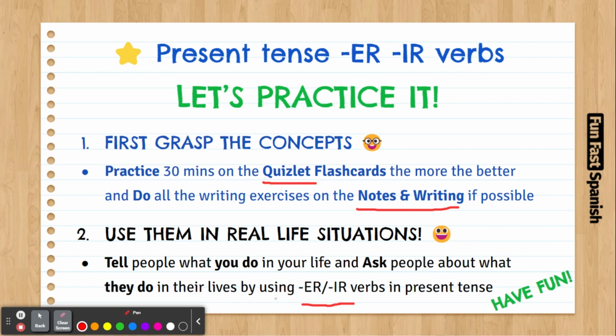So it's pretty similar. This way you can expand your questions. You can use the three kinds of verbs: AR, ER, and IR, and use all of them to ask questions about what people do in their lives, and also tell people what you do in your life, even if you sound annoying. Okay.